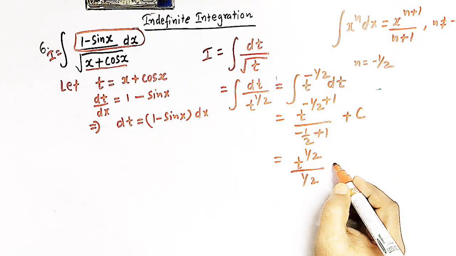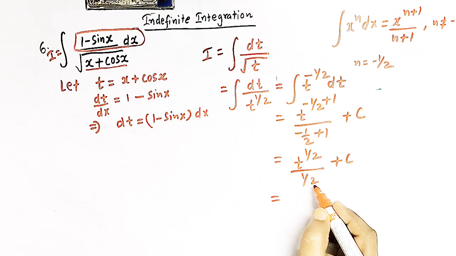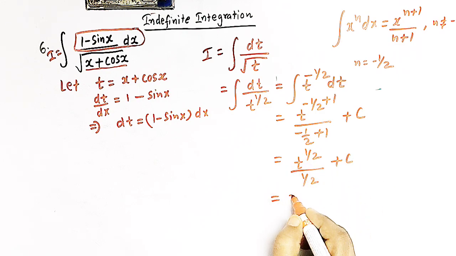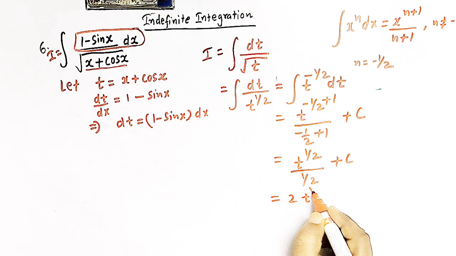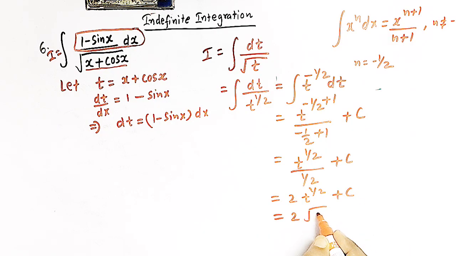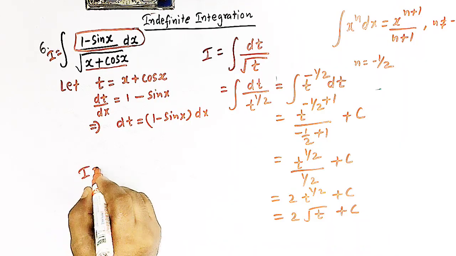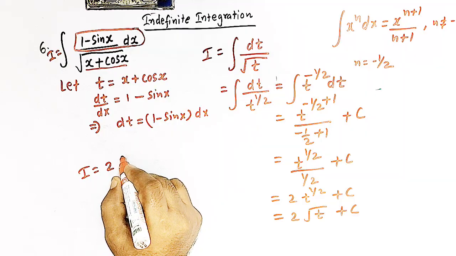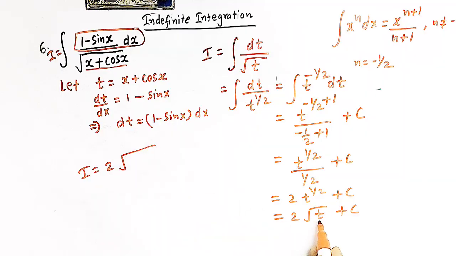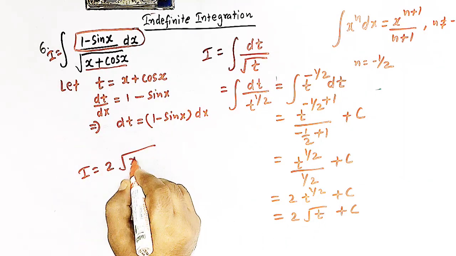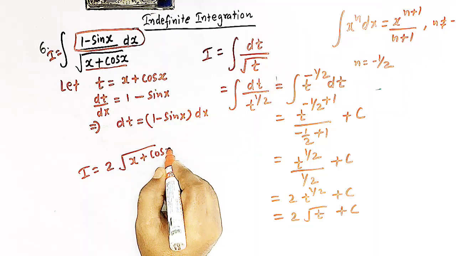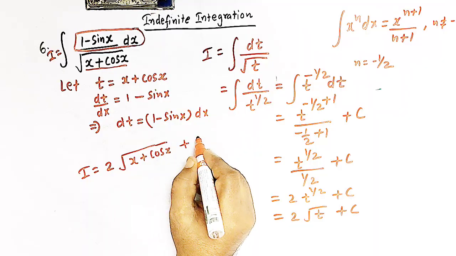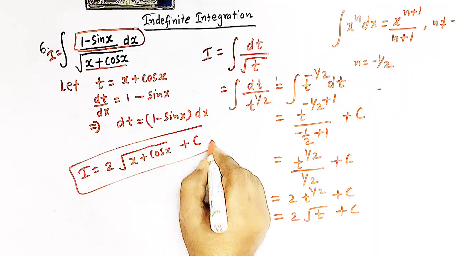Here also we have half, and now we can take this 2 to the numerator. So we have 2 times t raised to half plus c, that is 2 times square root of t plus c. So now we have the value of this integral I as 2 times the square root of t. T is x plus cos x, and c is the constant of integration.